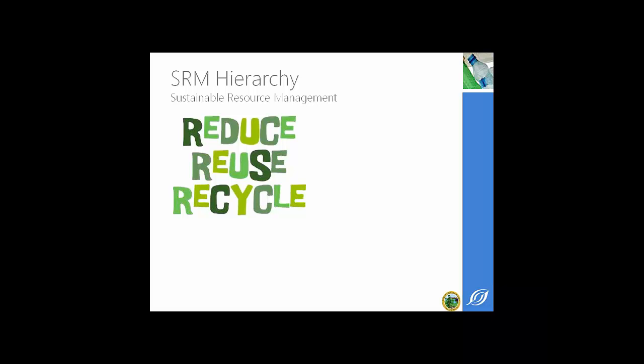But we need to focus on the order that these words are in, because I think most of us are really familiar with the recycle piece of it, and we don't pay so much attention to the reduce and the reuse. But truthfully, there's a reason why we have reduce and reuse first and not recycle, because of their importance in the system.